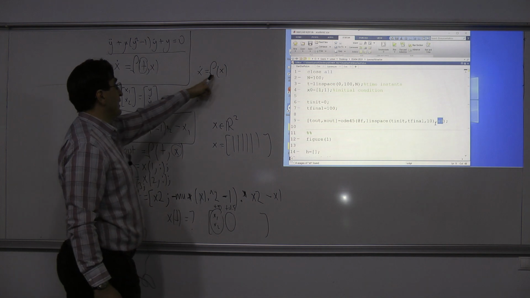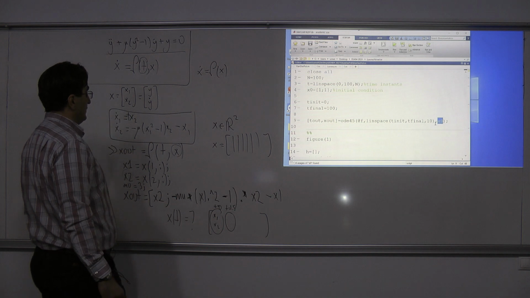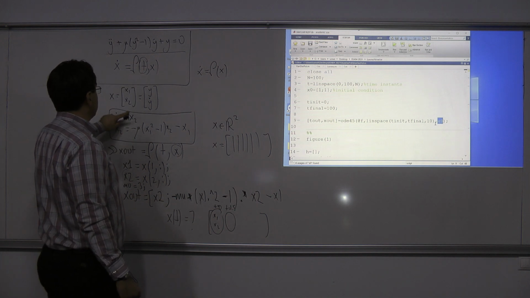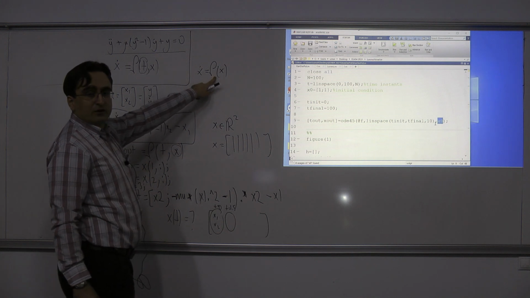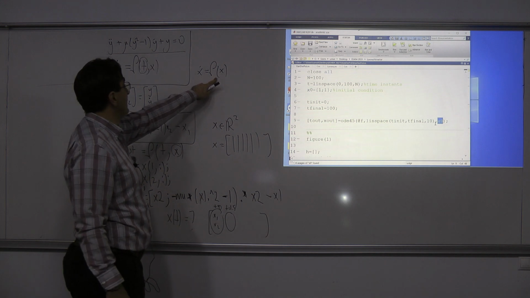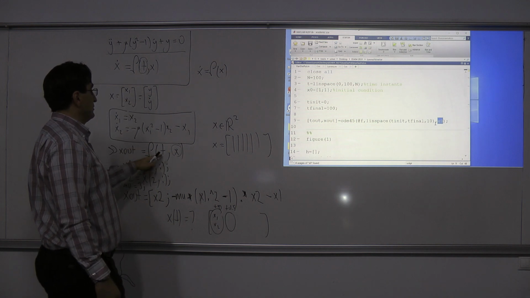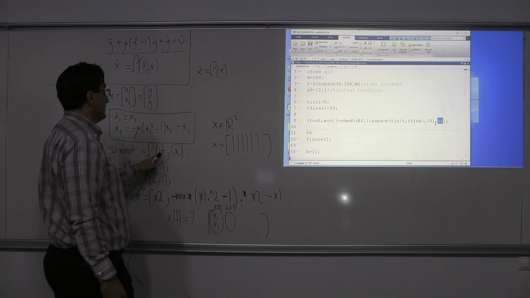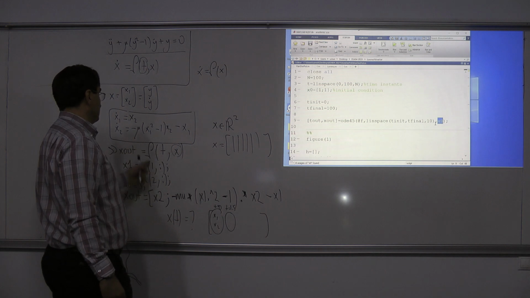If the right hand side depended on t explicitly, like if there was a t here, then I would use this t input as well in my f function. But since my right hand side is just like this, we have an autonomous system in this case. I did not use this t input, but still the f function should be written for two inputs, t and x. And if your right hand side is independent of time, then you are not going to use it inside.